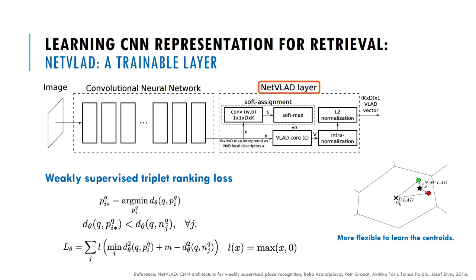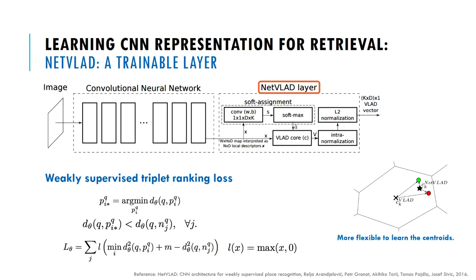So that's what the Vlad core is all about. And then we apply intra-normalization, which means for each of these vectors that we've extracted, we'll do an L2 norm, and then we will stack them together, and then we will have an L2 norm across this entire set. And then finally, we have produced the Vlad vector.